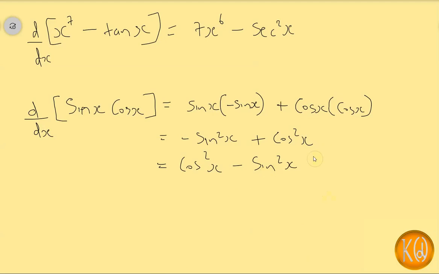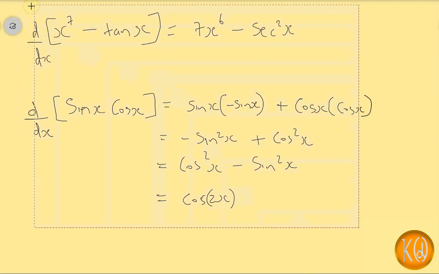But just in case you have an idea of trig identities, then this would be simply the cosine of 2x. Alright, but you can always leave it as cos squared x minus sine squared x. Let's clear the screen.